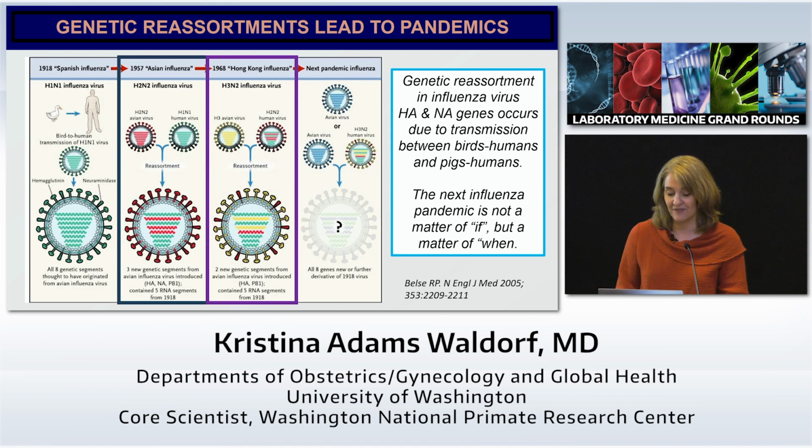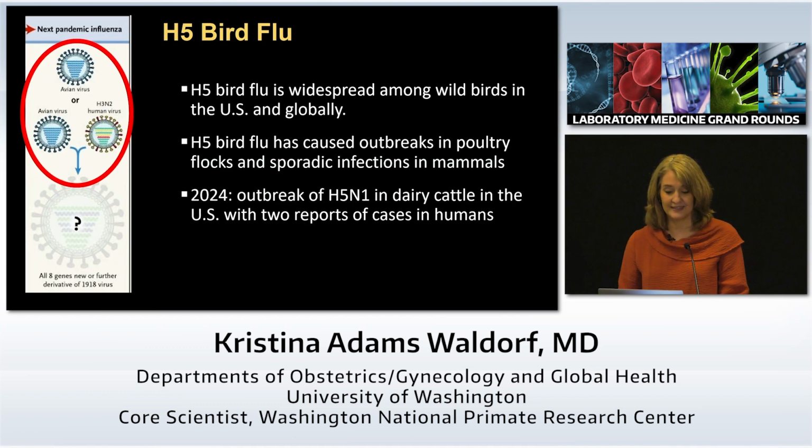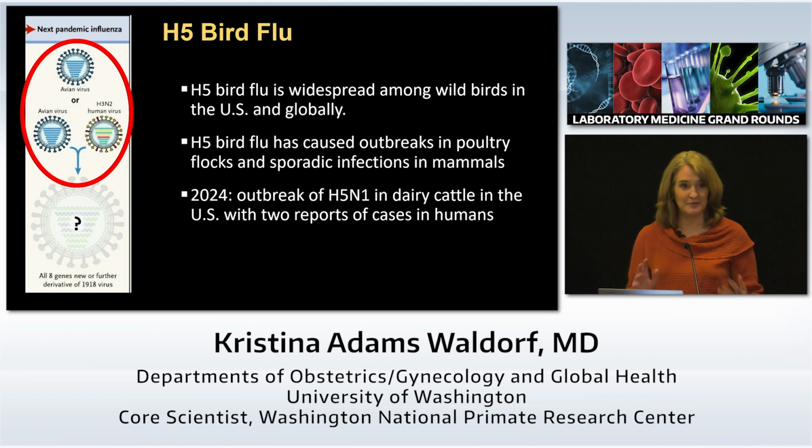And the seasonal viruses that we have are related to these, the H3N2 and the H1N1. But now we're a little bit more worried about H5 bird flu. And so for the next pandemic influenza, either it's going to be an avian virus that simply mutates and is ready to go and then becomes transmissible between humans, or the avian virus will combine with an H3N2 or an H1N1 and create a brand new virus that is transmissible to humans.